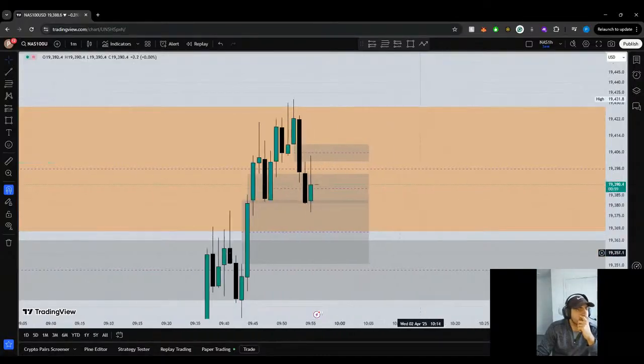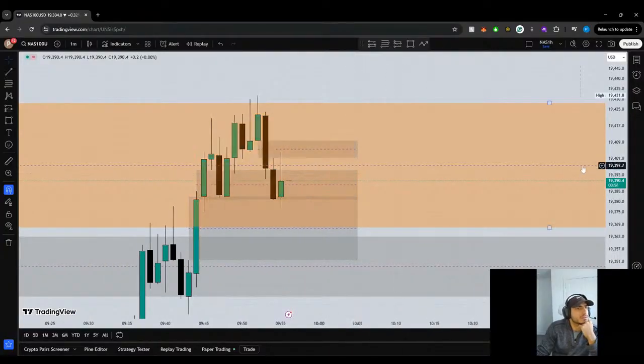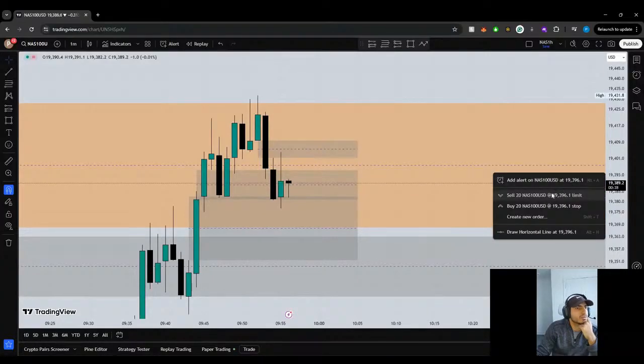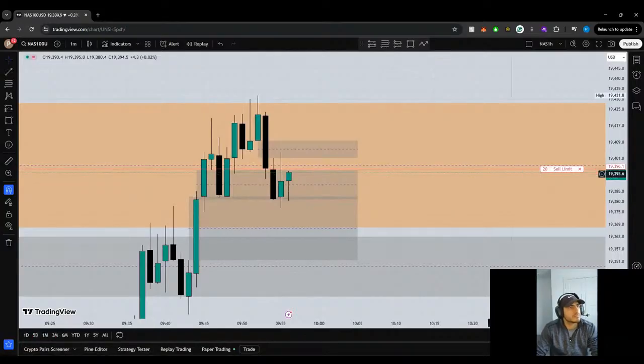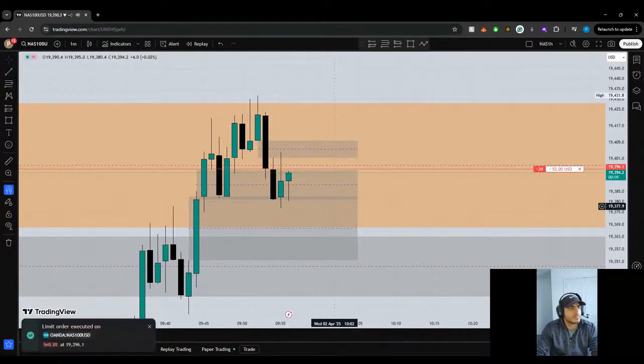I like that price action for a little short. See if we can get back above this. So close. And we are in.